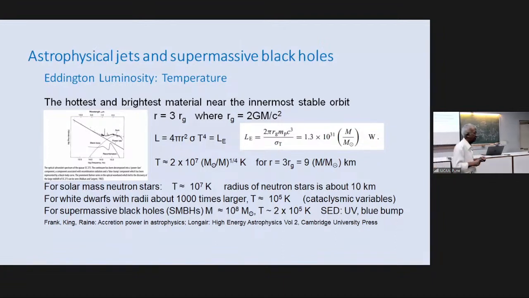If you look at the spectrum, it's not going to be a Planckian curve, but the sum of many components. So for argument's sake, I use the Stefan-Boltzmann law, L equals 4 pi r squared sigma T to the power 4 for a black body, and I equate that with the luminosity, and I can get an estimate of the temperature. I can calculate what that would be for a solar mass black hole, for a white dwarf, and for supermassive black holes.